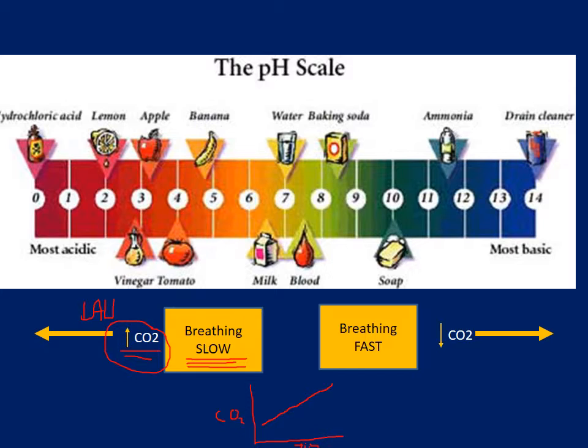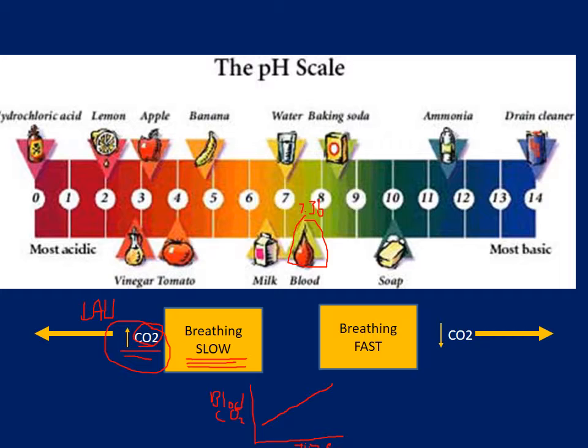Over time, his blood CO2 level is going to go up, up, up, because he is not ventilating effectively. He's not getting rid of that carbon dioxide, so it's staying in his body. So his carbon dioxide is going to go up. And if we told you that carbon dioxide mixes with water and creates an acid, what's that going to do to his blood?